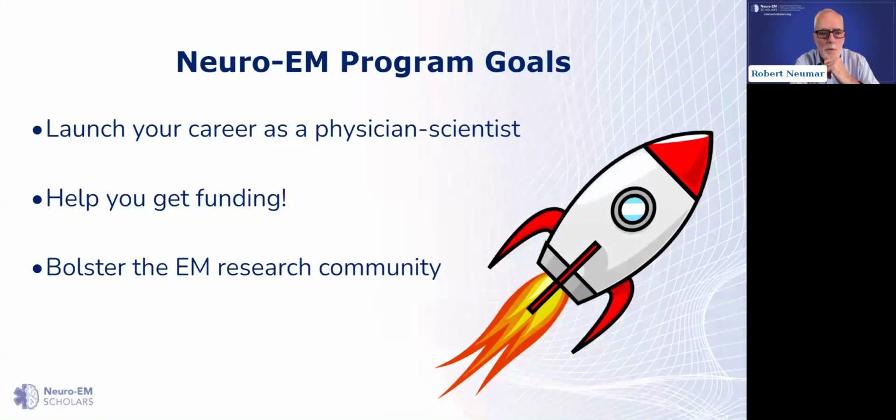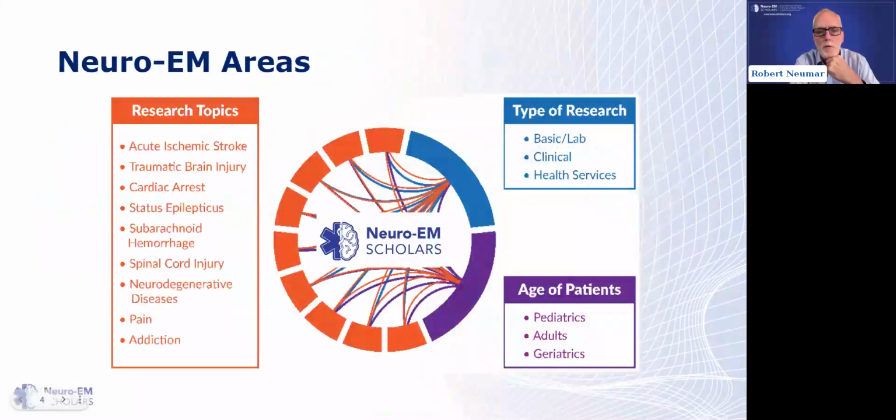The next slide would be really just to give you an overview of the focus, because it's not all of emergency medicine. We're funded mainly by the National Institute of Neurologic Disorders and Stroke, but we also have contingent funding from the National Institute on Aging and the National Institute on Drug Abuse.